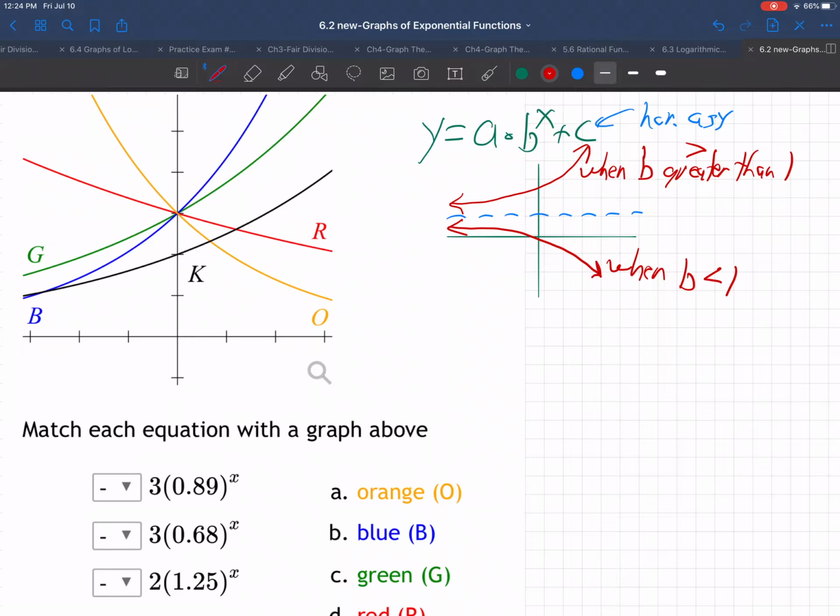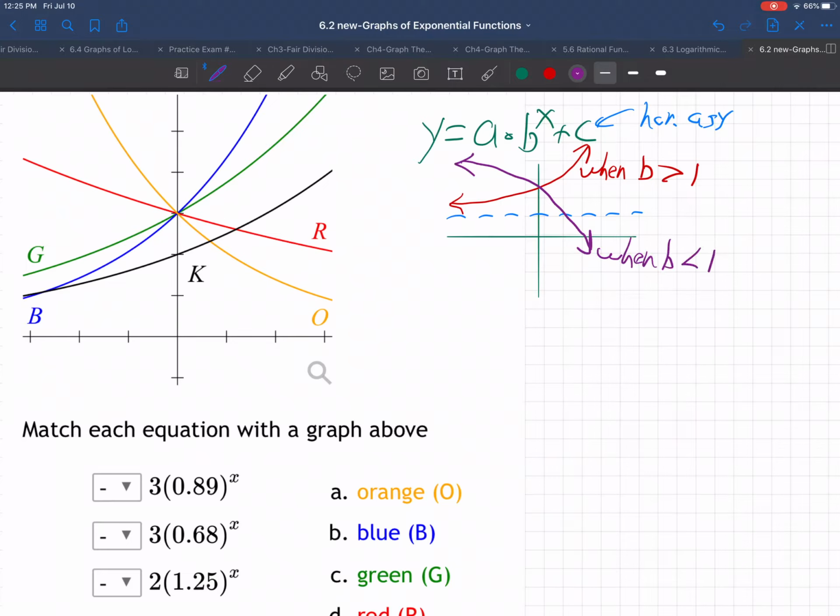And where exactly does it cross? I'm actually not doing that very well. That's sort of true, but part of it is false. Let me be more 100% true. So b greater than 1 goes up, and it goes down when b is less than 1.